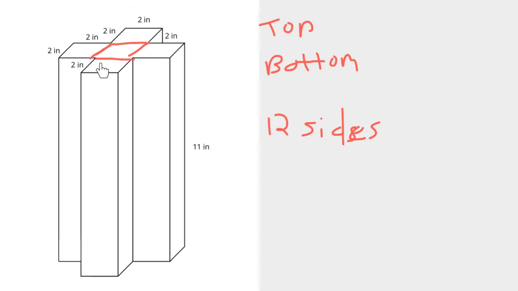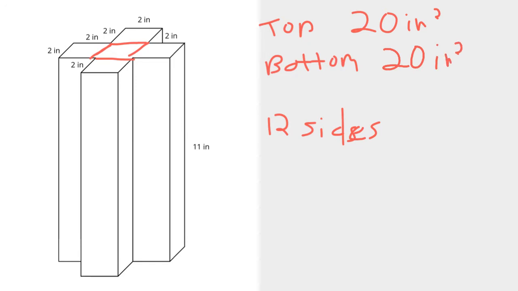So we have 4, 4, 4, 4, and 4. That means the top is going to be 20 inches squared. Well, if the top is 20 inches squared, the bottom is also going to be 20 inches squared because they're exactly the same.